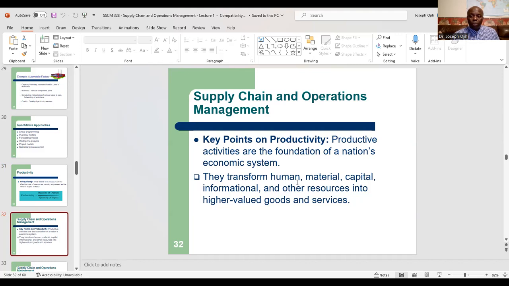It also means more jobs, which means even more income tax revenue. There are so many benefits of being productive. In other words, productivity transforms human material, capital, information, and other resources into higher value goods and services.